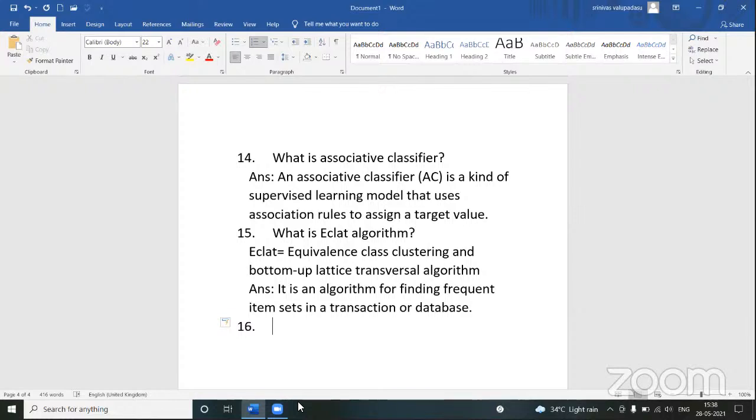What are the drawbacks of association rule mining?